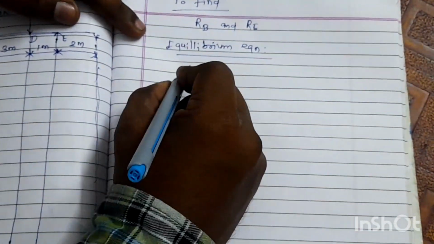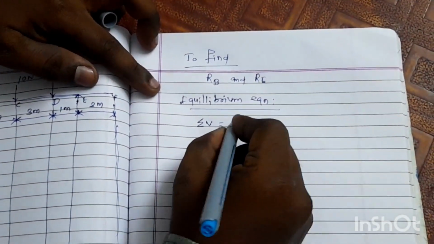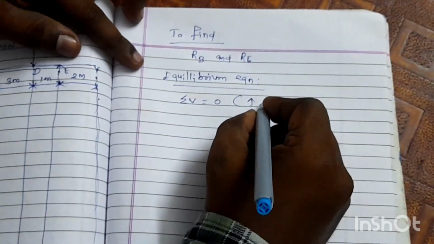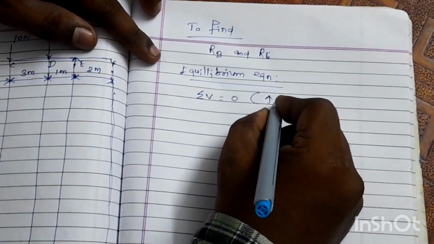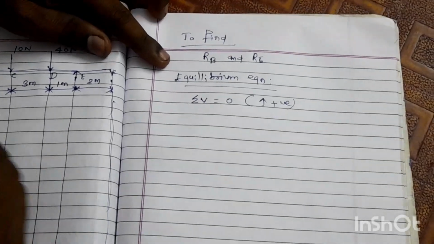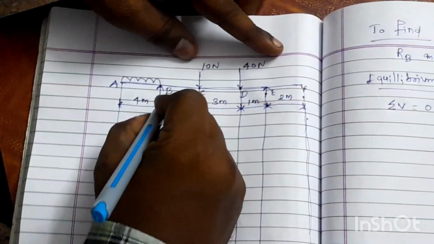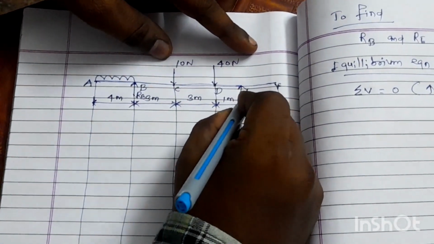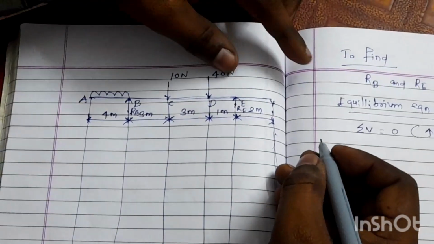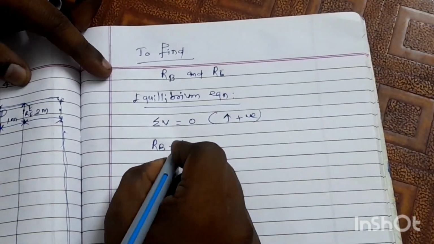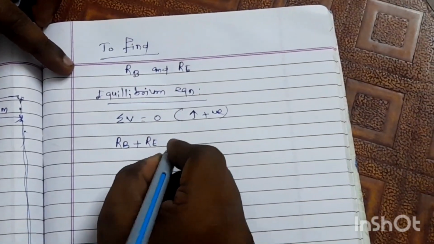We know that sigma V is equal to 0. Take upward forces as positive and downward forces as negative. Here we have RB and here we have RE at the supports. So we have RB plus RE equal to the total load.